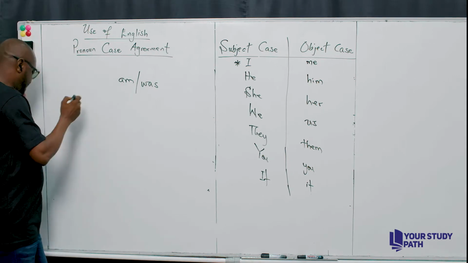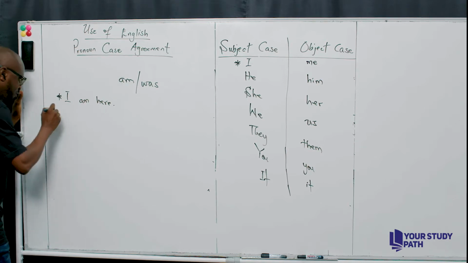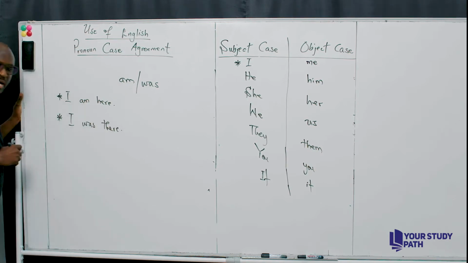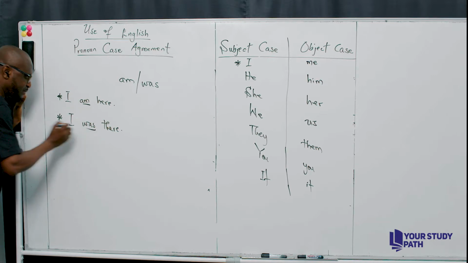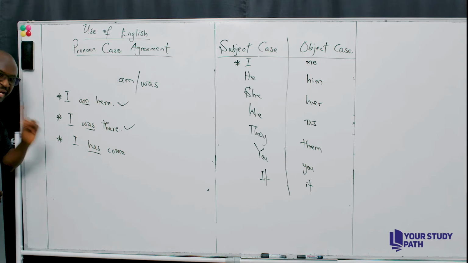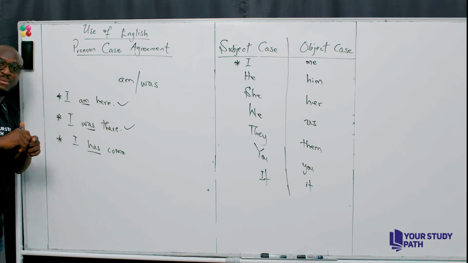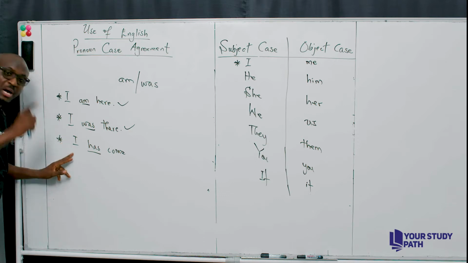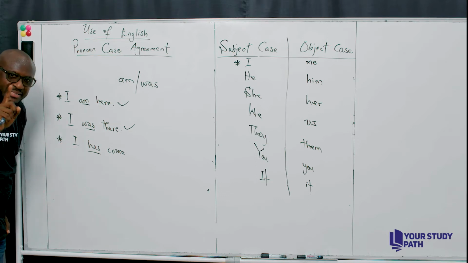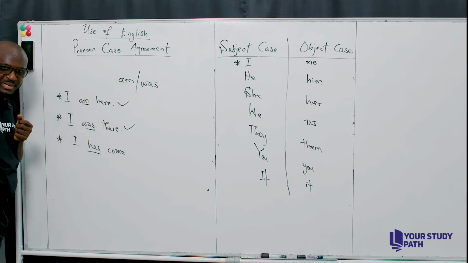So you can say something like this: "I am here," correct. You can also say, "I was there," correct. Now, you can't possibly say, "I has come." Why? Because speaking grammatically, the personal pronoun "I" is not permitted to admit this singular verb in this format.